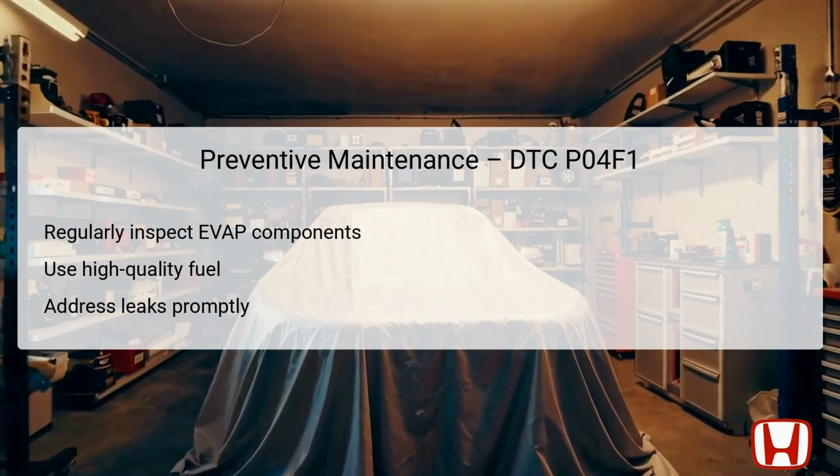Additionally, any signs of leaks or irregularities should be addressed immediately. Timely maintenance can significantly prolong the lifespan of the EVAP system while ensuring adherence to emission regulations. By implementing these preventive measures, vehicle owners can minimize inconveniences and maintain efficient vehicle operation.